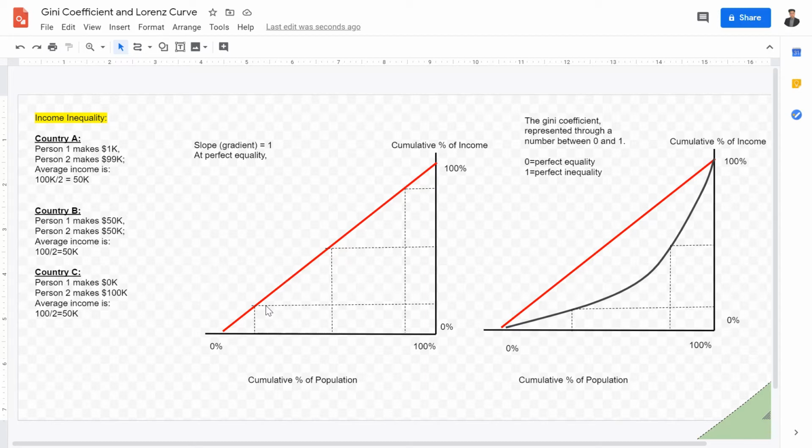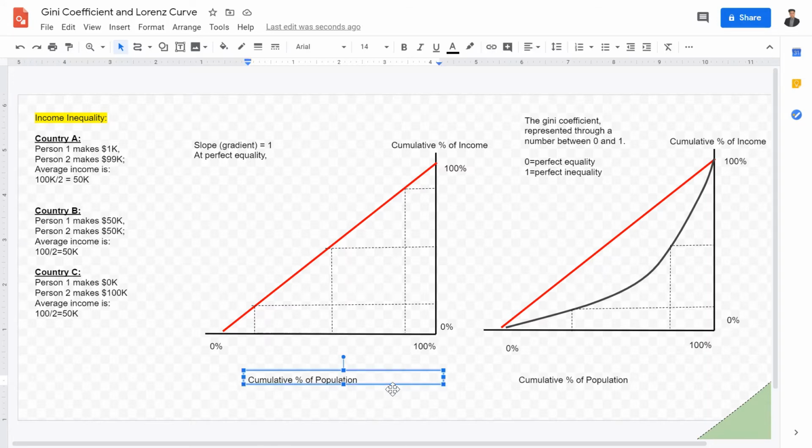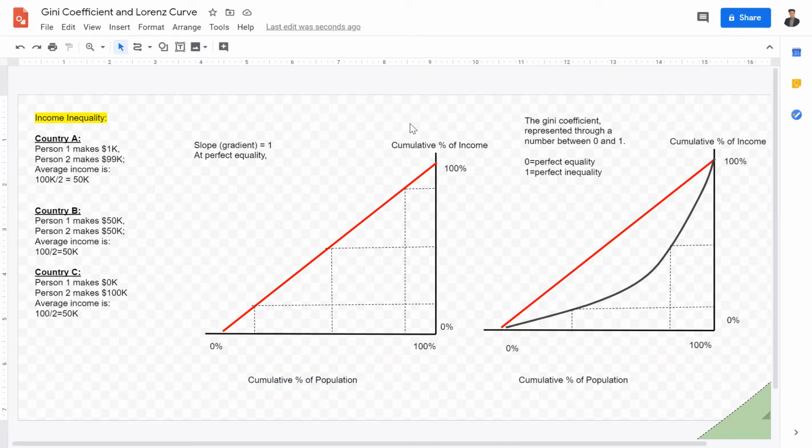It will look like a line with a slope or gradient of 1, which means each marginal increase on the x-axis will have a direct impact on the y-axis. On the x-axis, we have the cumulative percentage of the population. On the y-axis, we have the cumulative percentage of income.